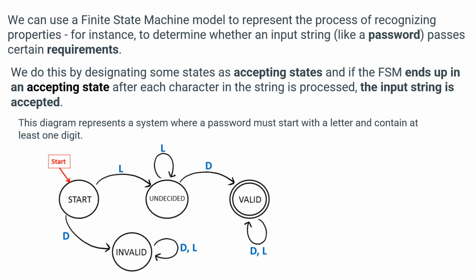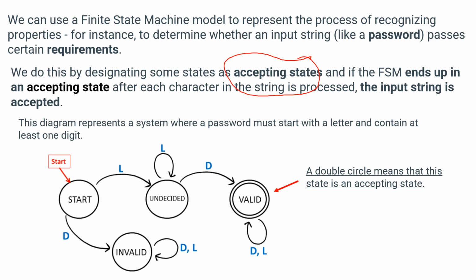I do want to say something up here that I didn't talk about yet. In a situation like this, where we're trying to recognize if a certain property is upheld, we're going to have some states that we consider what are called accepting states. So in this example, if we find that the input value the person typed in does start with a letter and contains at least one digit, then we would want it to end up at one of its states being what we call the accepting state, the state that says yes, everything's good.